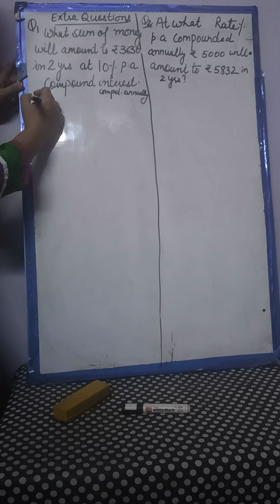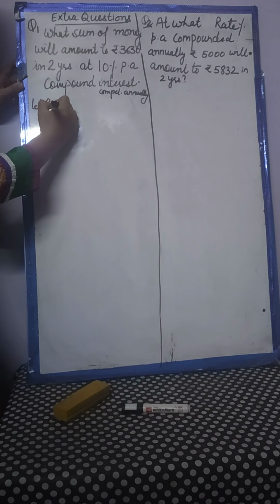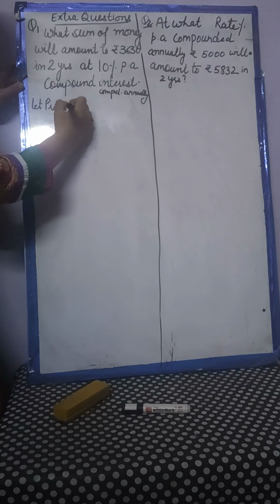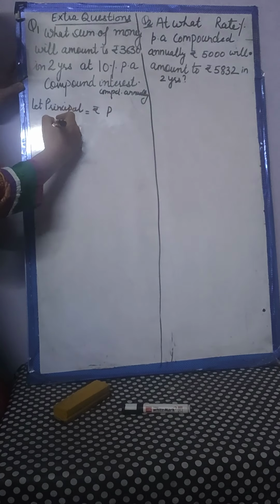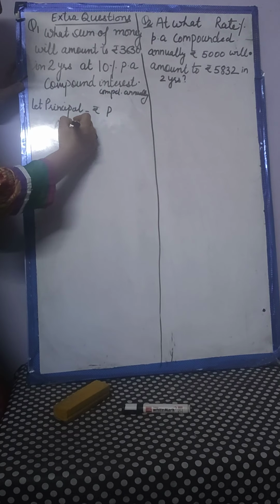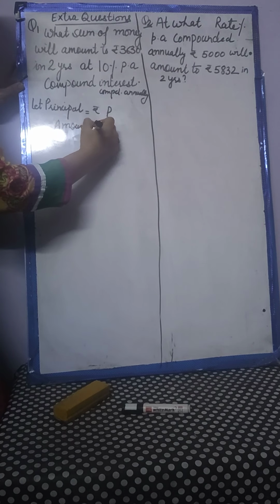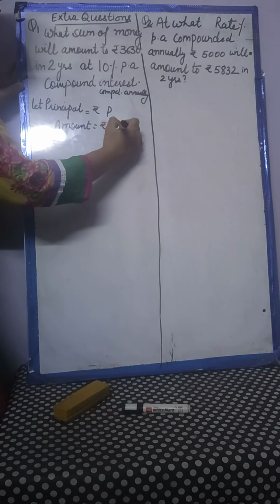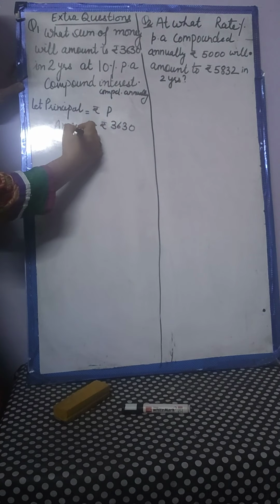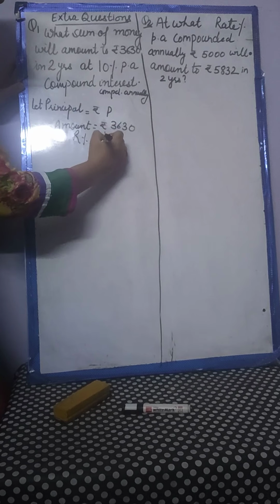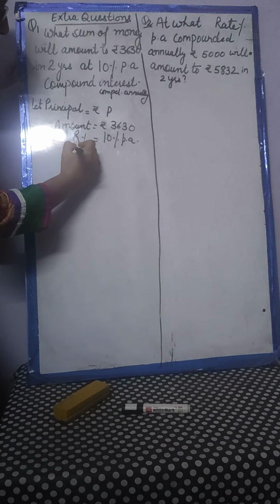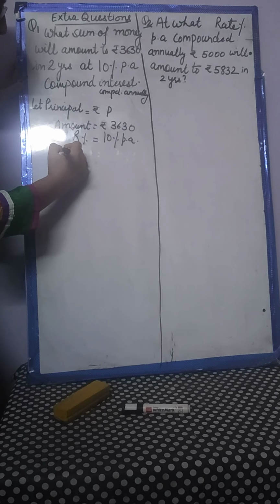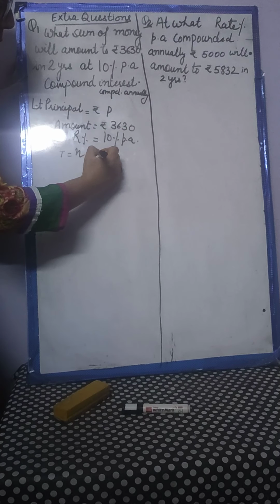So let the principal be P. The amount is given to be rupees 3630. Rate is 10% per annum and time is n, equal to 2 years.